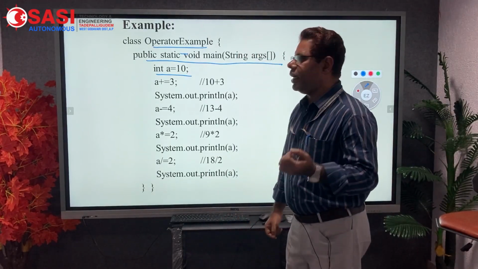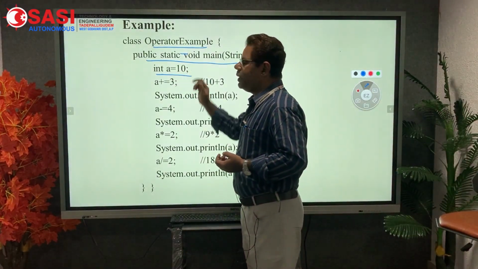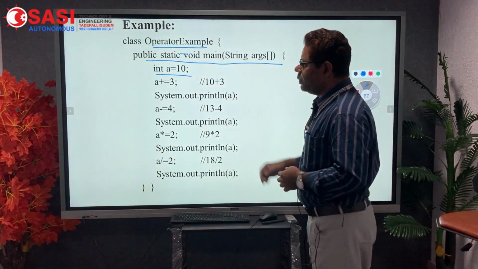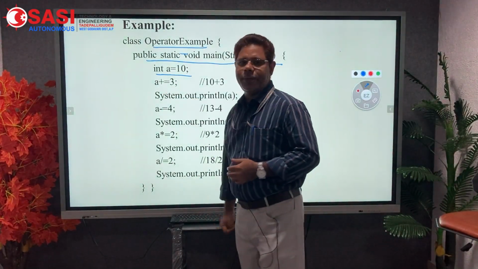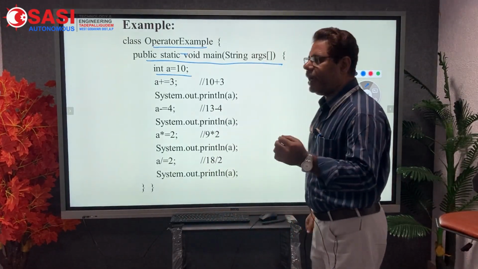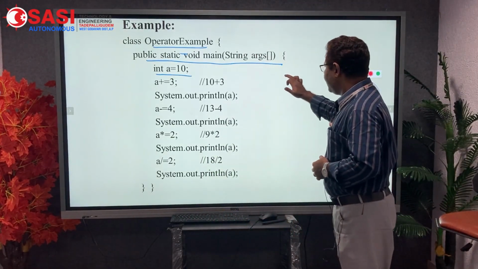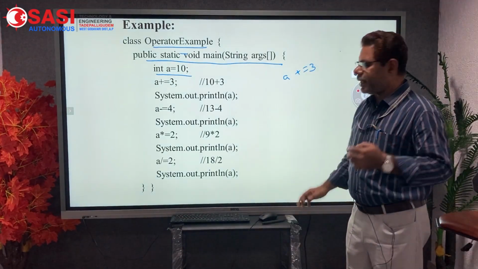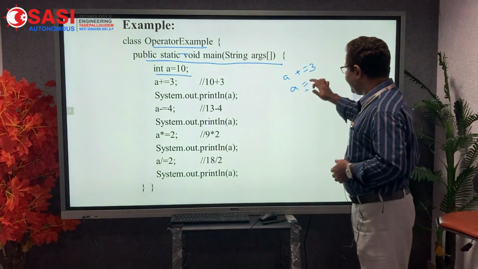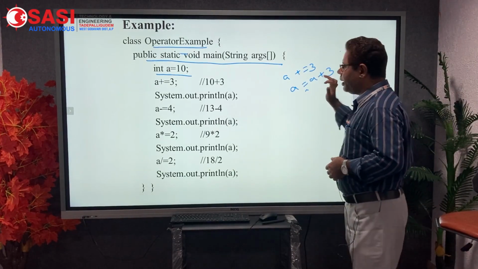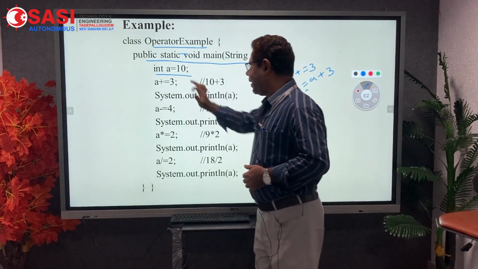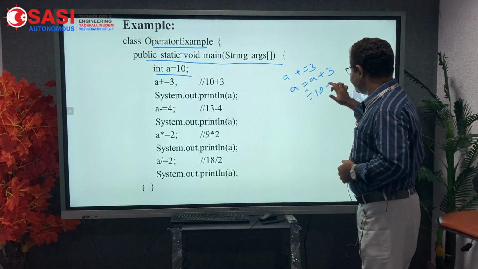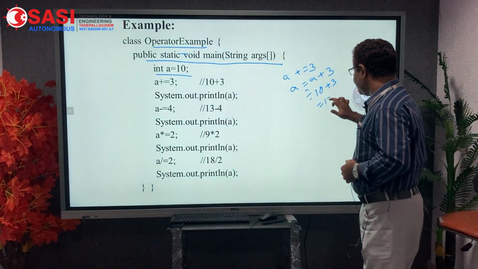Int is the data type, a is the variable name, 10 is the value. Here we use the plus equal to, the add and assignment operator. a plus equal to 3 can be written as a equal to a plus 3. Already the value of a is 10, so 10 plus 3 equals 13.